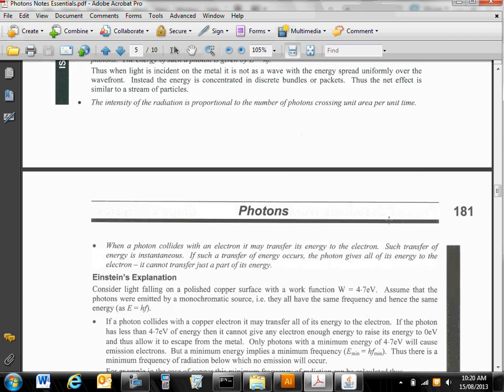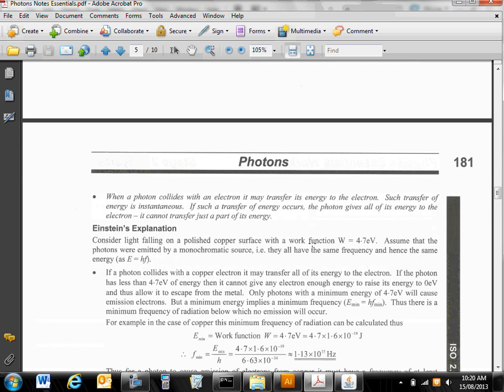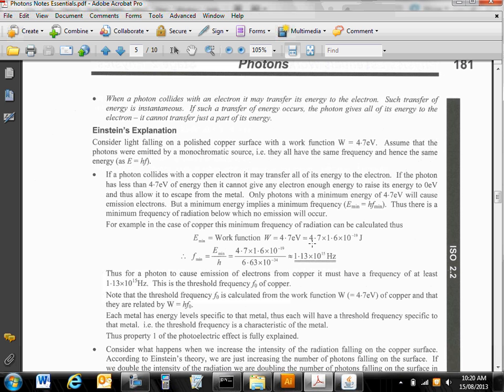So more photons, more intensity, essentially. When a photon collides with an electron, it may transfer its energy to the electron. Such transfer of energy is instantaneous. If such a transfer of energy occurs, the photon gives all of its energy to the electron. It cannot transfer just part of its energy.